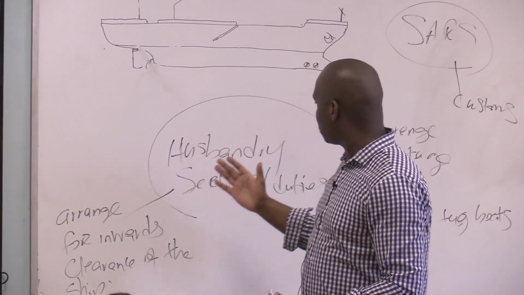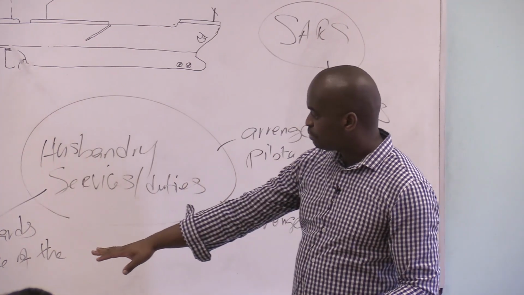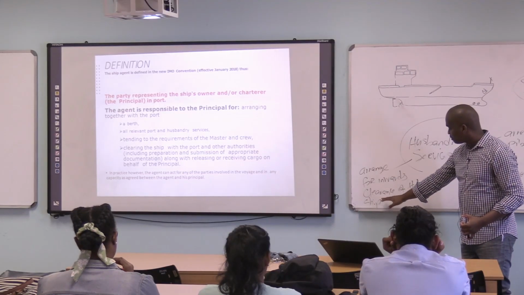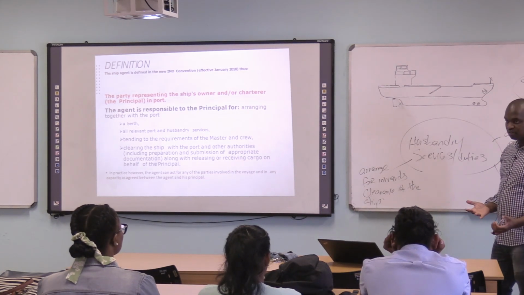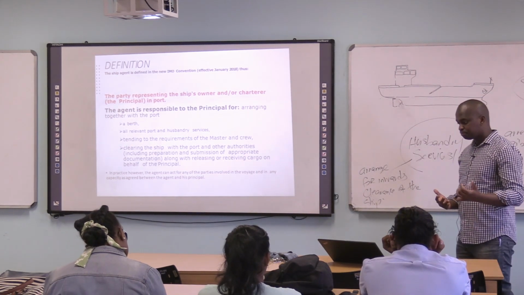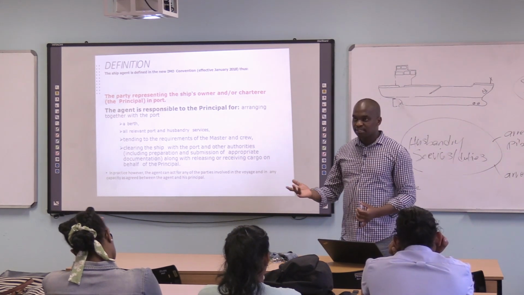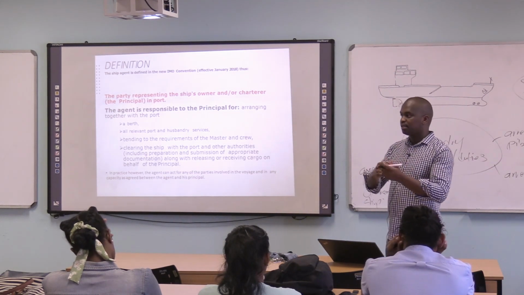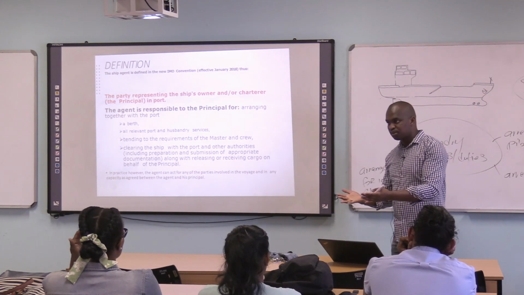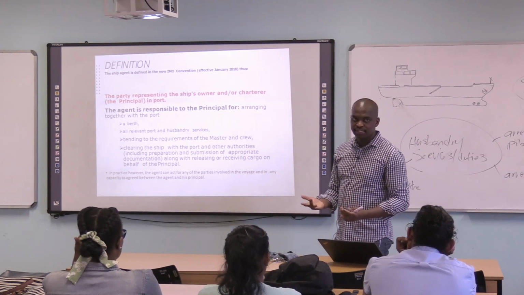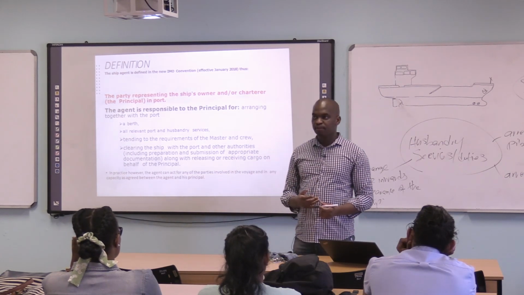So now coming back to this, the agent will have to arrange the inwards clearance on behalf of the ship. Before the ship comes in, the agent must have already submitted the customs clearance to the customs officials' building to say, I've got a ship that's coming in two or three days' time, carrying so much cargo on board.